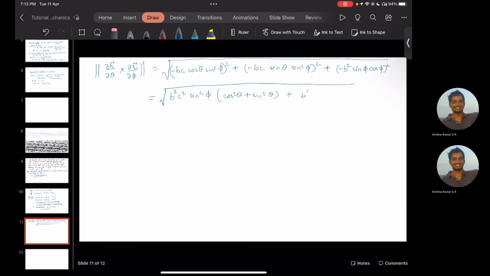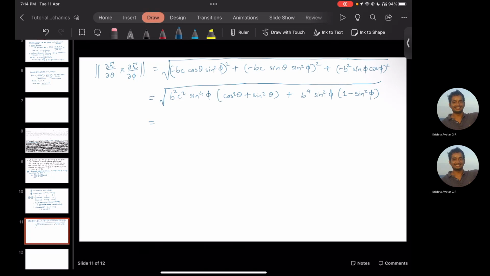And for the second term, we'll have b to the power 4 sine square phi, and it evaluates to cosine square phi, right? So I'll just use the trigonometric relations to have just 1 minus sine square.